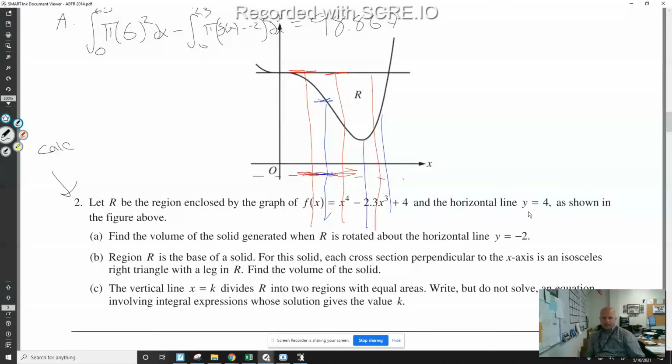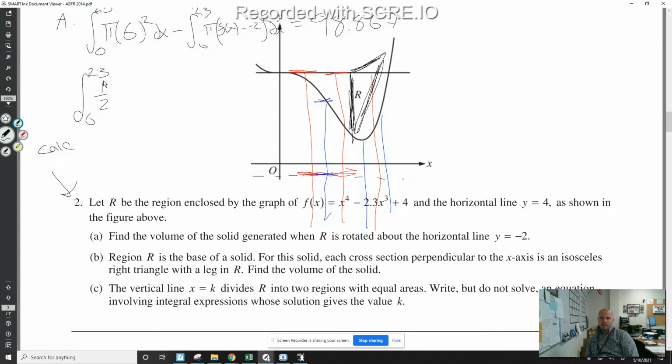All right, we got an isosceles right triangle with a leg in R. So here's my leg in R, and I have a triangle popping out of it. I need to take an infinite sum of the areas of those triangles. Area of the triangle is 1/2 base length squared.